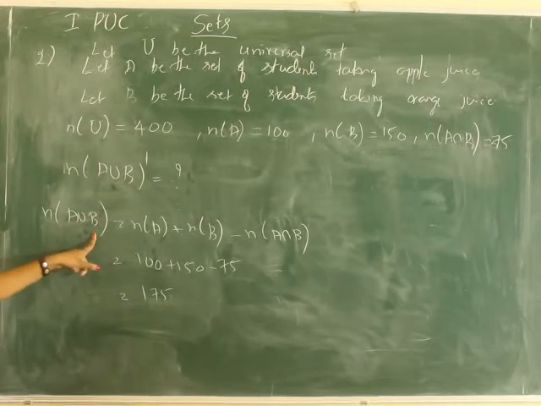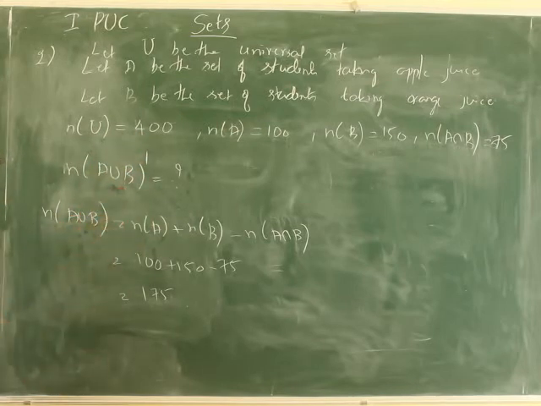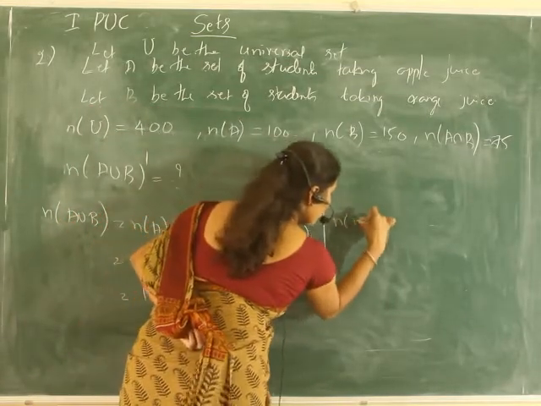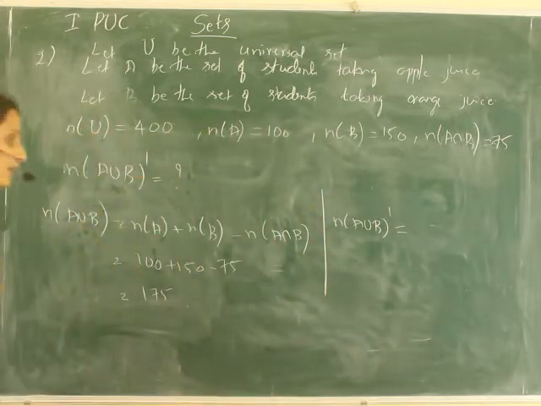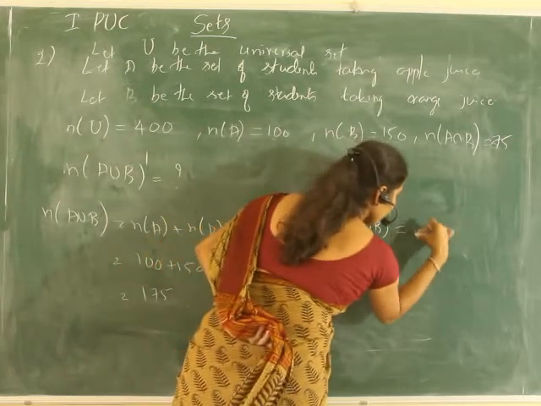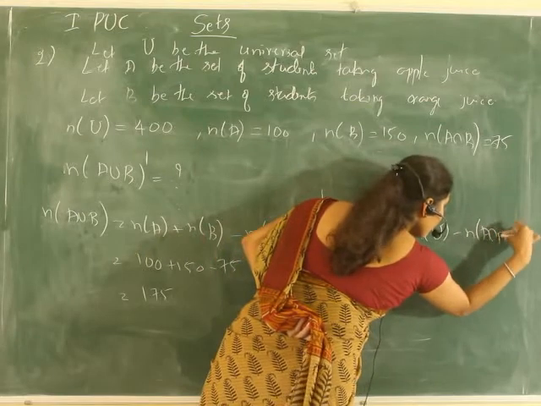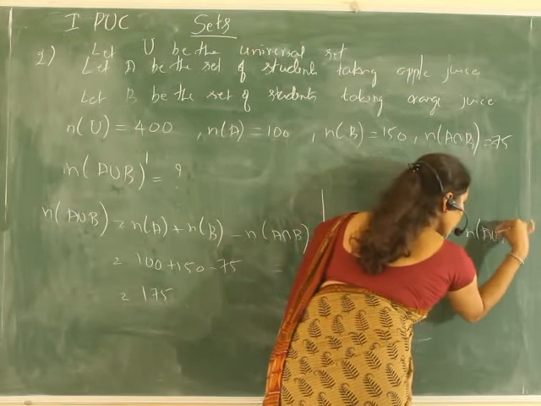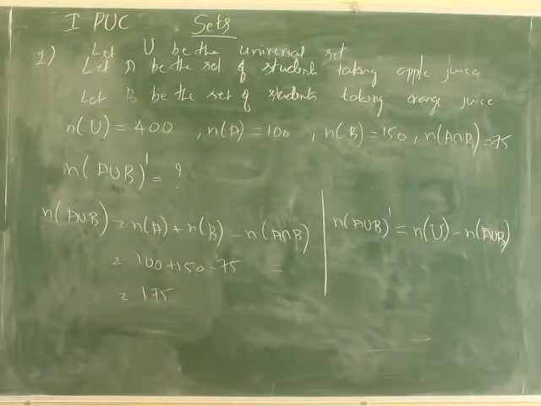Therefore, how can we calculate? When we subtract this element from this, we get this value. So n of (A union B) complement means n of U minus n of (A union B): the number of elements in the universal set minus the number of elements in the union.